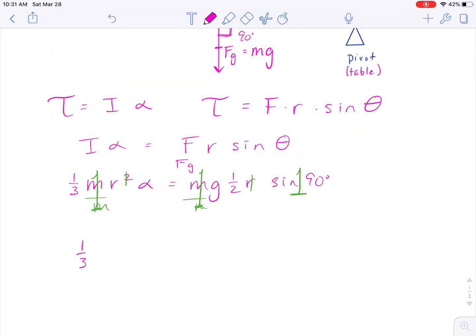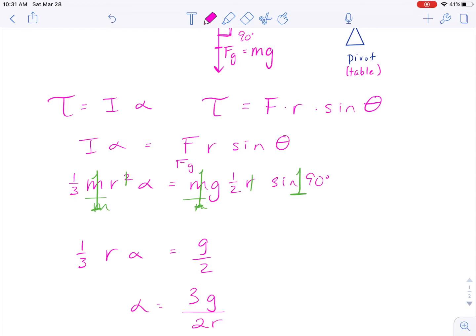So I've got 1/3 r alpha equals g over 2. And now I'll solve for alpha. Alpha will equal 3g over 2r.